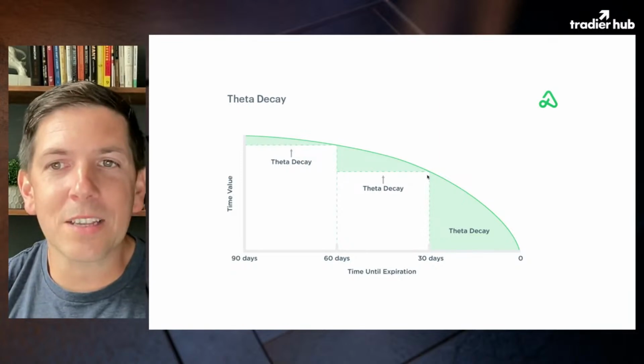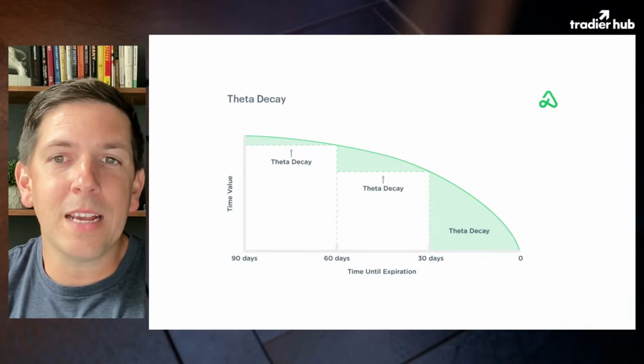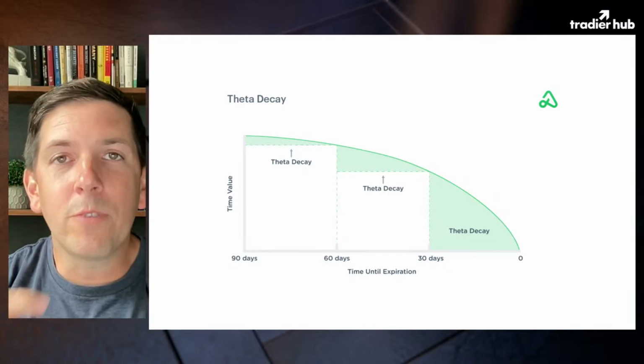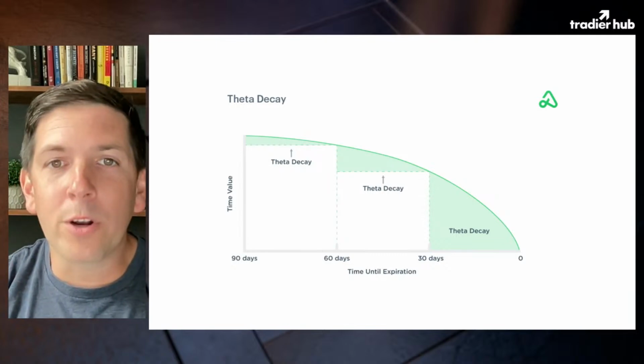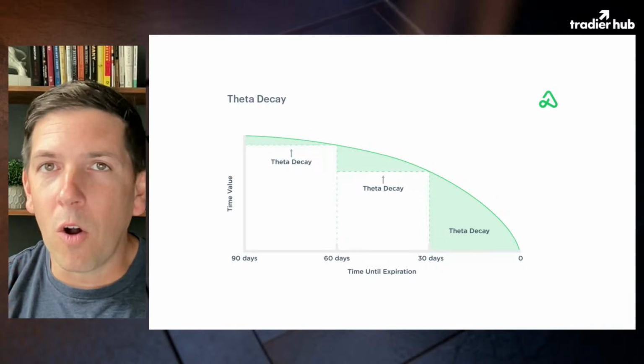So from 60 days to 30 days, the next 30-day window, you get a lot more decay than you got in the first 30 days, right? But it's still not totally worthless yet. You're not getting all of the time decay.